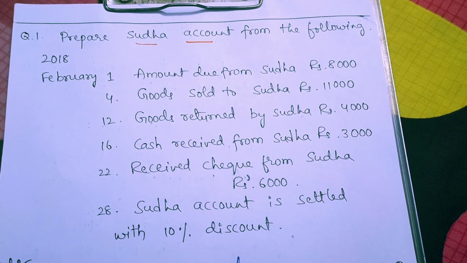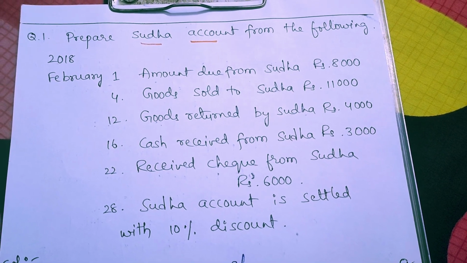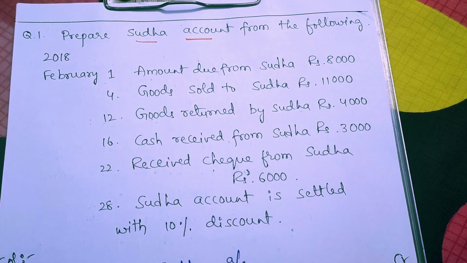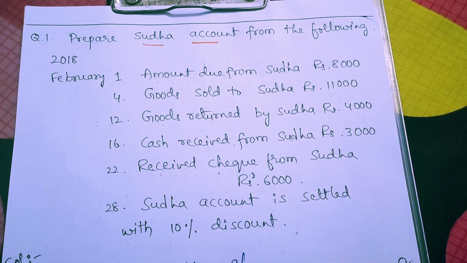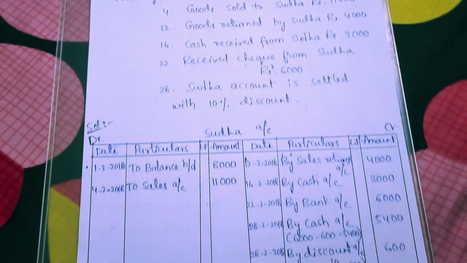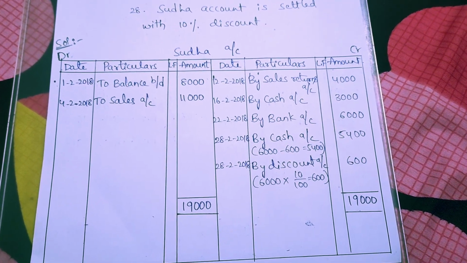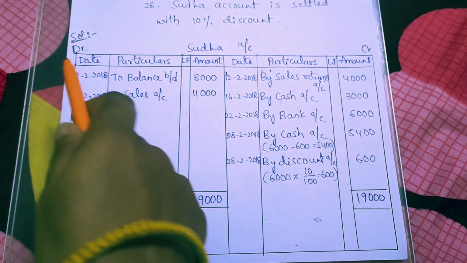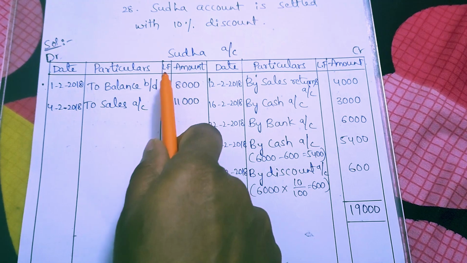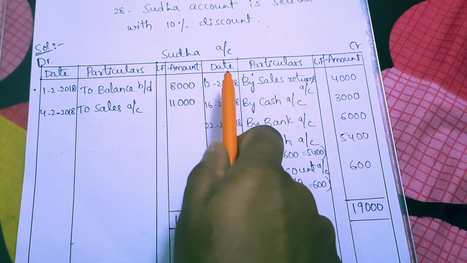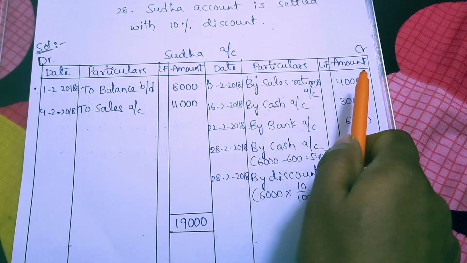Let us discuss that. First of all, you have to draw columns. You have to draw the format, pro forma, for preparation of that account. So what is the format, and what columns do we have to draw? Let me show that. These are the columns that you have to draw: date, particulars, LF, amount, date, particulars, LF, amount.